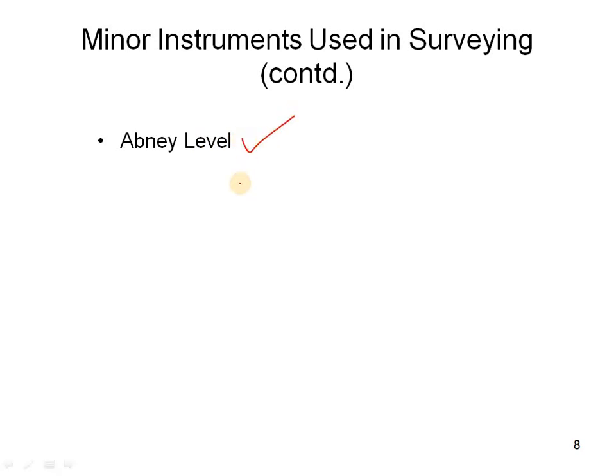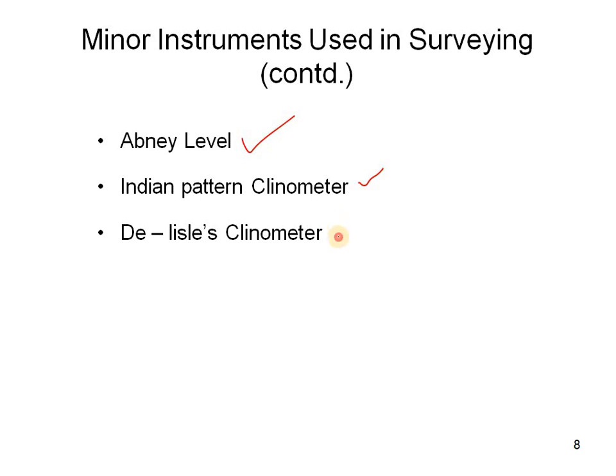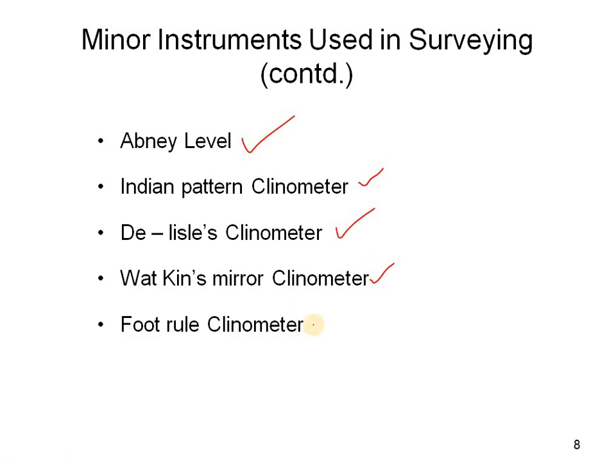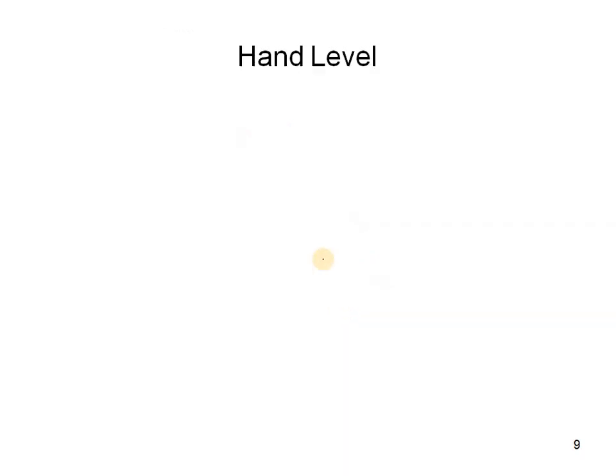Abney level, Indian pattern clinometer and D-Linsis clinometer, Watkins mirror clinometer and foot roll clinometer. So please keep it in your mind.